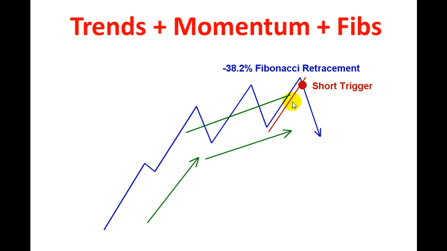Now, this strategy develops when you have a series of three highs and two lows within this shift in momentum. You can, of course, flip this over and take it as a reversal strategy off of lows as well, but we're just going to look at it as a reversal off of highs.